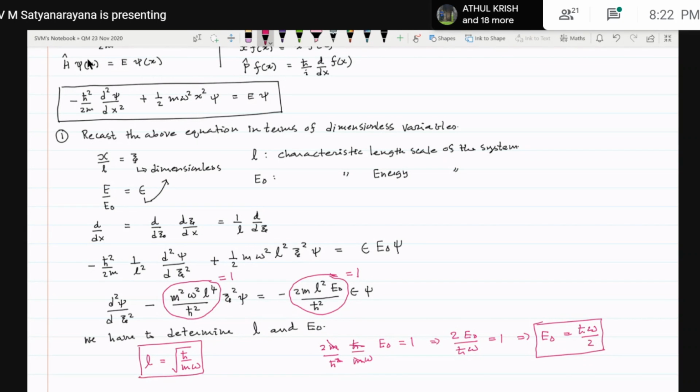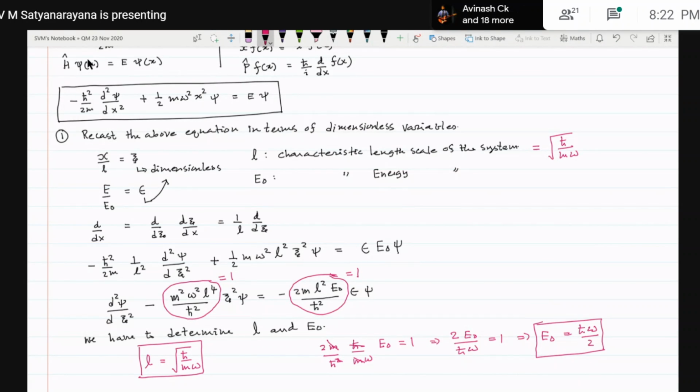So we are now successful in determining the characteristic length scale of the system, which is given by square root of h bar by m omega. You can see that m and omega are the parameters of this system. M is the mass of your particle and omega is its angular frequency. H bar is a fundamental constant.